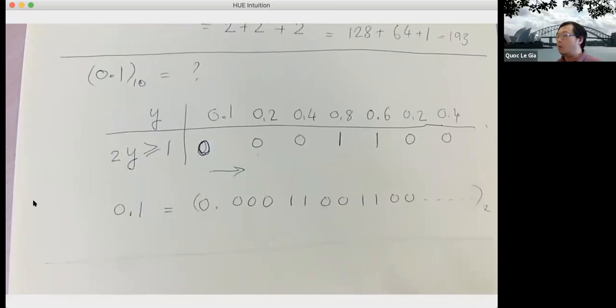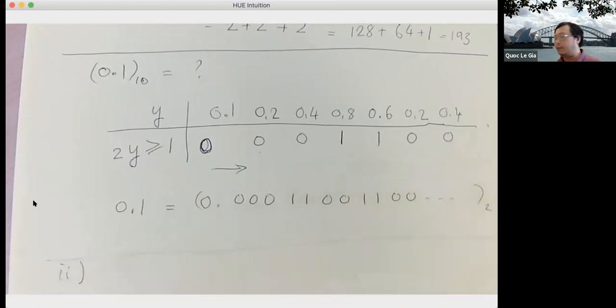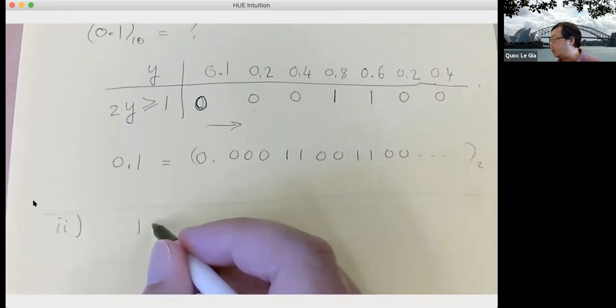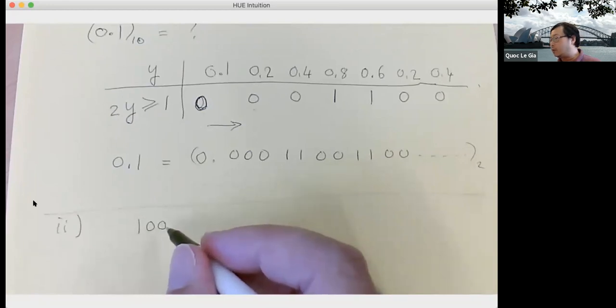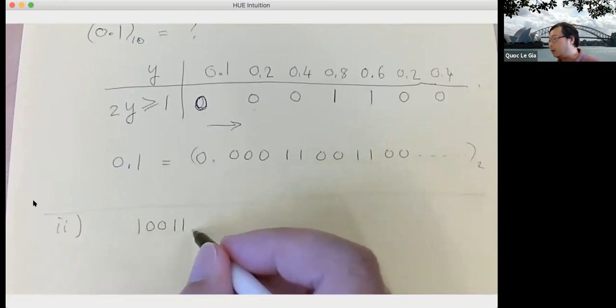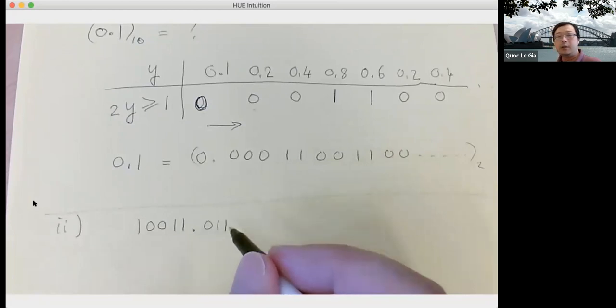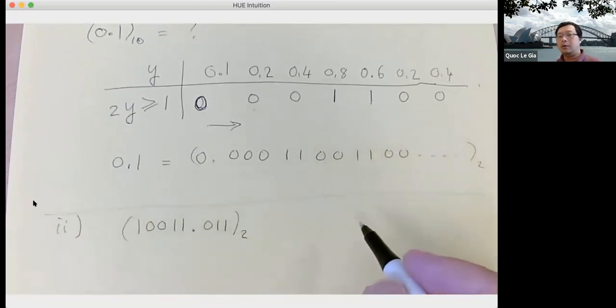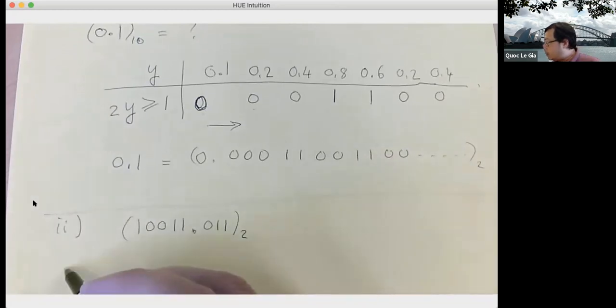And now suppose we go the other way. Suppose I have a binary number and I want to write it down in terms of decimal. So now remember the powers of 2.